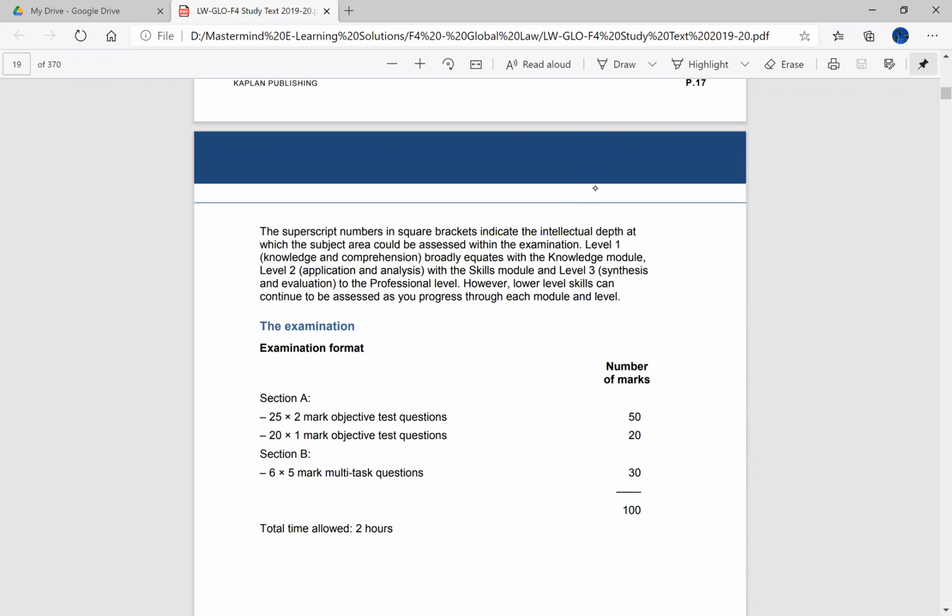Also, F4 is very much about rote learning and about learning the laws. So, some students who are good at rote learning are able to learn it and then apply it in the paper. Other students need an understanding. So, we are going to build that understanding during the class as well.